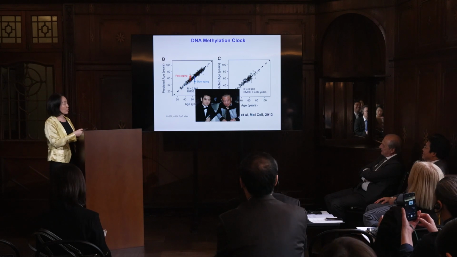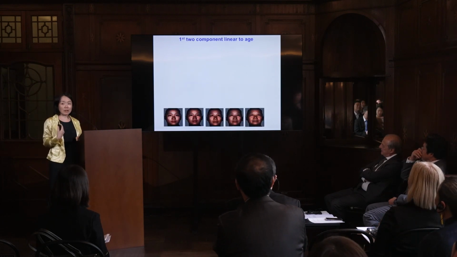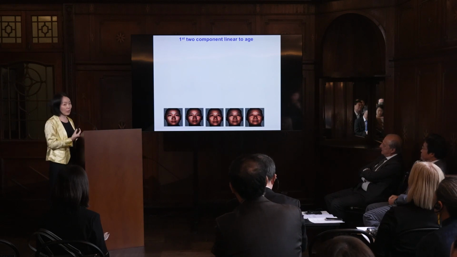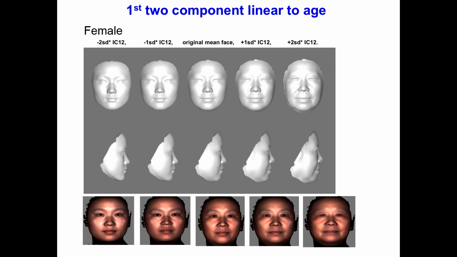So we thought if you can already tell a person's biological age on the face, why don't we just look at the biological age by the face? That's the first experiment we did. We collected 332 individuals from Beijing CDC. And here shows the average face of each decade, average of 30 individuals of each decade.